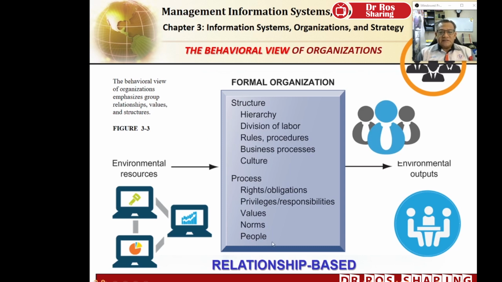Within the processes itself, in the formal organization like Fujitsu, they have rights and obligations. For example, the right of the engineer is to give instruction to the supervisor in order to properly set the machinery by using the standard operation procedure. Those are the rights and obligations.